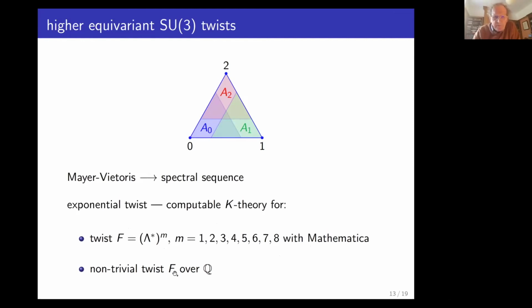In the case of working over the rationals Q instead of working over Z, we could do a complete calculation, but it's over Q because at certain points in the calculation, we have to average over finite subgroups, and that involves dividing by integers.